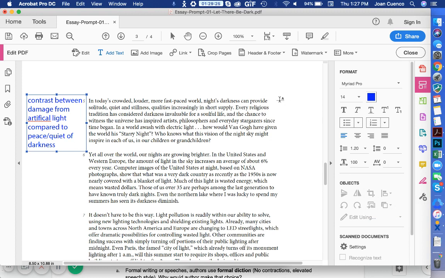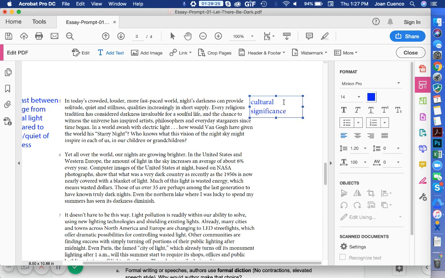And there's another method that he uses here, which is cultural significance. He mentions religious tradition and a Van Gogh painting. So he's also saying that it's important to culture that we preserve night.